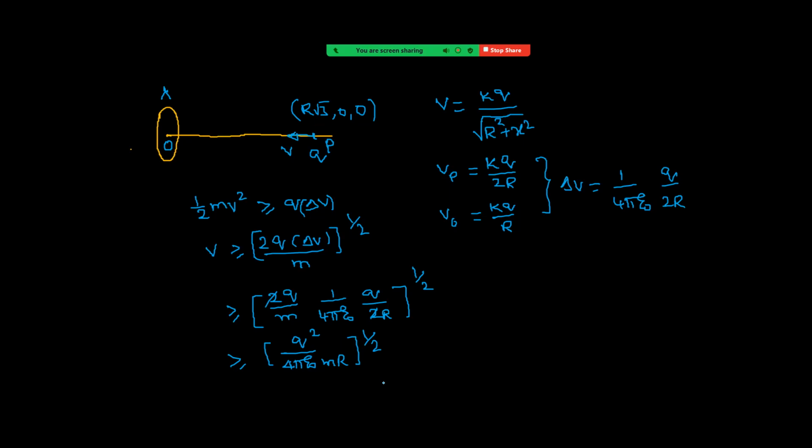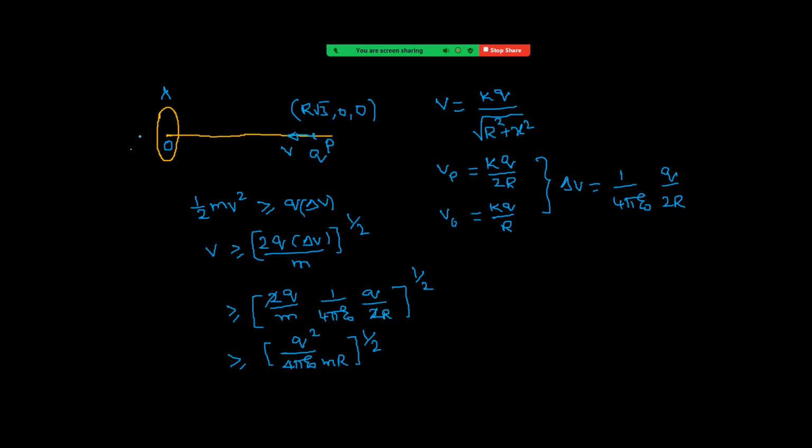That means if the speed is equal to this value, then the particle comes to rest at the origin. At the origin, there is no force on the charge, therefore it won't move back. If it is greater than this value, it enters onto the negative x-axis where the charge on the ring repels this charge.